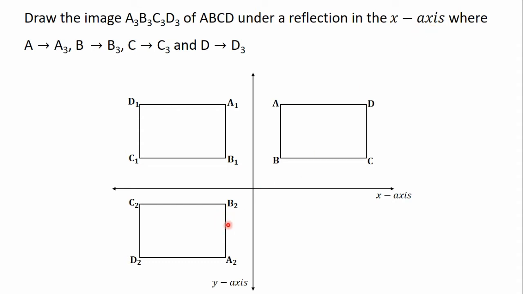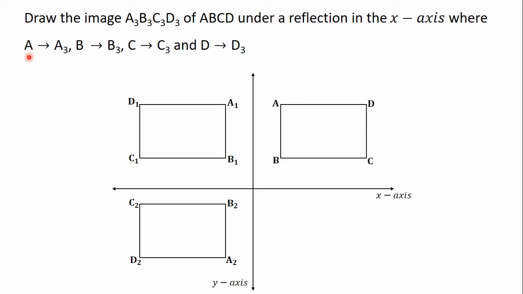So this time, we are not going to reflect rectangle A2, B2, C2, D2 to get the image rectangle A3, B3, C3, D3. But rather, we are going to reflect rectangle ABCD to get the image rectangle A3, B3, C3, D3.